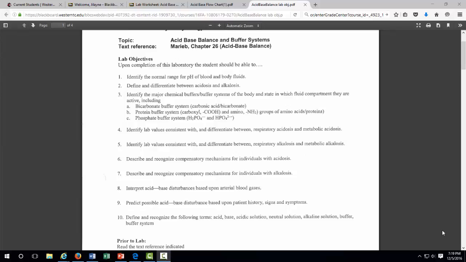We call it physiological acidosis because it's acidosis relative to what the normal pH for blood is supposed to be. So alkalosis is anything above what then? Right, 7.45 is alkalosis, less than 7.35 we say is acidosis.